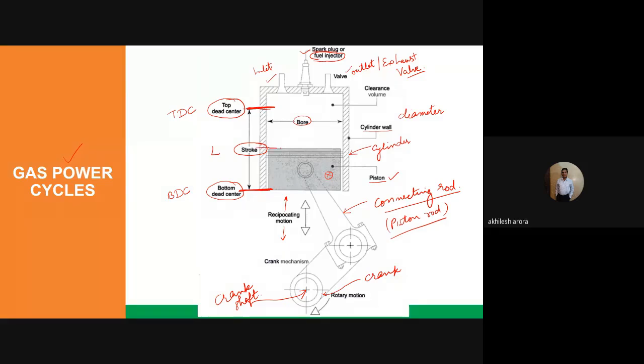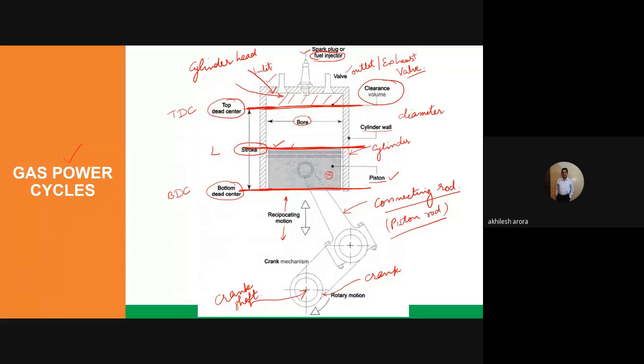If the top side of the piston reaches here, the piston is at the bottom dead center, and if it reaches here, the piston is at the top dead center. Whatever is left between the top dead center and the cylinder head, this empty space, is known as the clearance volume.